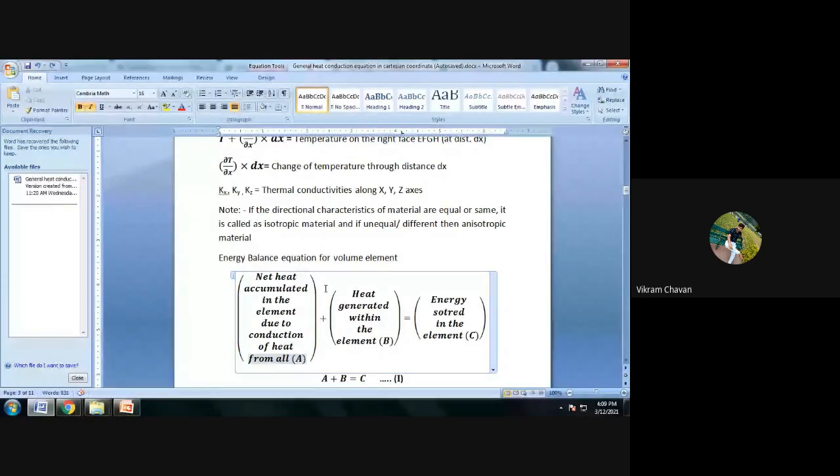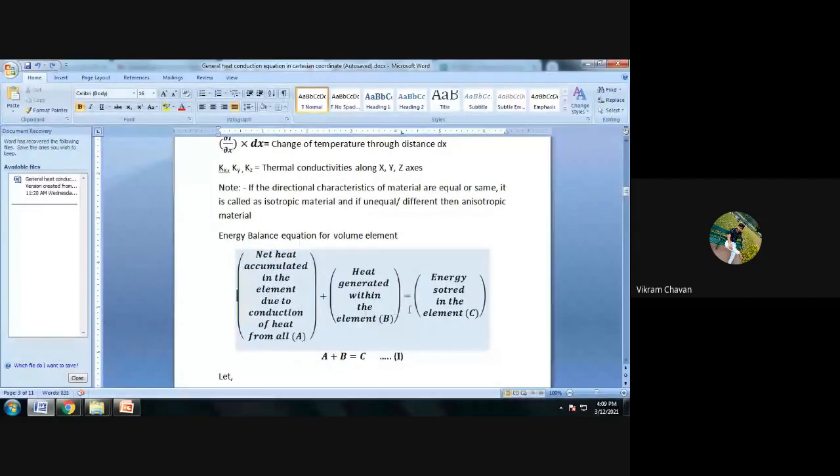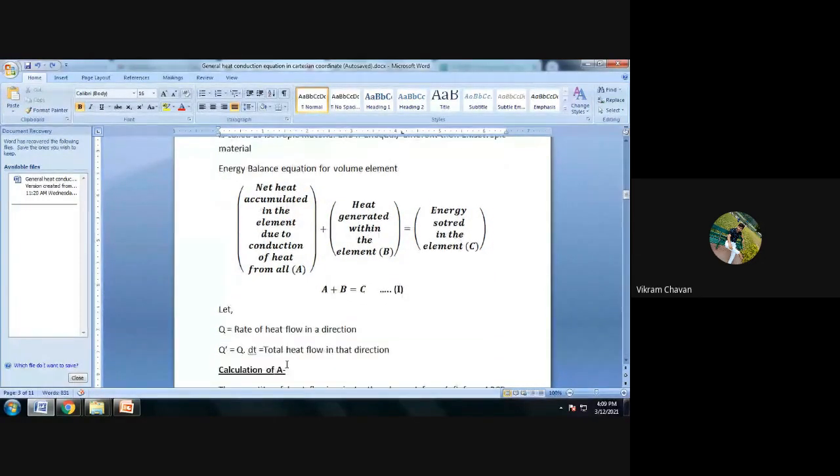Plus the heat generated within the element, and the third part is the energy stored in the element. According to the energy balance equation, we have labelled them A, B, C. A plus B is equal to C is our first equation, Roman 1.